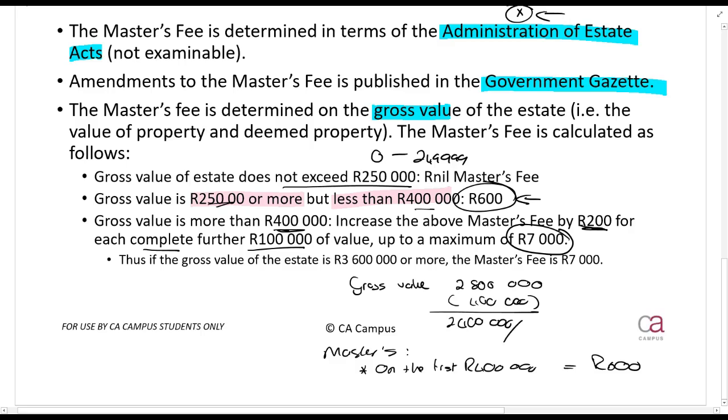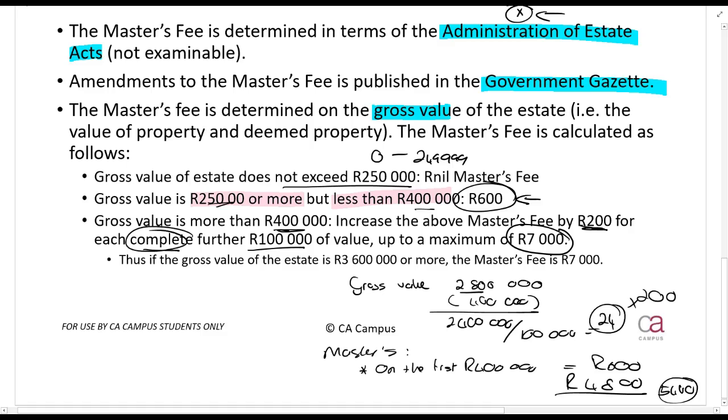We divide that 2.4 million by 100,000, so that gives us 24. That 24 times 200 gives us 4,800, and we add that together, and that gives us our total master's fee in this case of 5,400 on 2.8 million. Now what I want you to see is they say complete further 100,000.